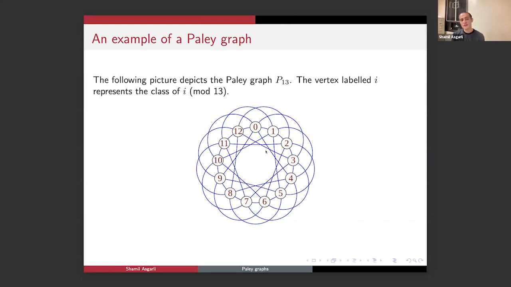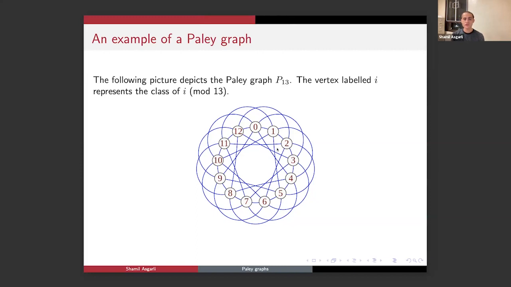In this picture, the vertex labeled i just represents the class of i mod 13. Here we see that, for example, 1 is connected to 5. That's because the difference between them is a square mod 13. So 5 minus 1 is 4, which is a square mod 13.